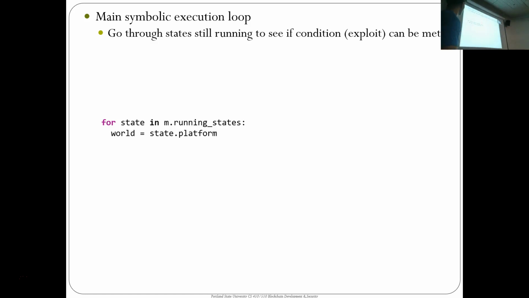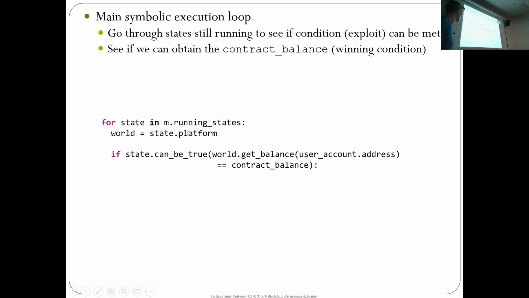And so this is the main symbolic execution loop in the script, and it basically goes through that logic that I went through earlier about how symbolic execution engines work. It goes through all of the states running to see if your condition has been met. And so for all of the states in your running states, basically set the world to whatever the platform state is, and then you check for this one constraint.